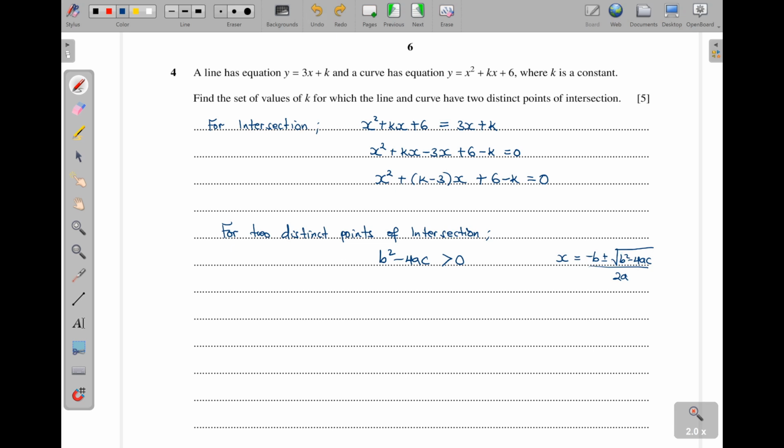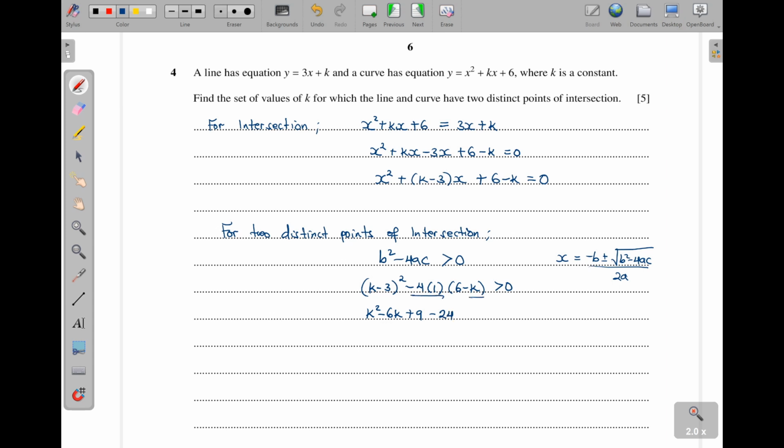Are we together? Now our b is k minus 3, so I square it, then minus 4. Our a is 1, then our c is 6 minus k, so greater than 0. Then we can open the brackets here. This will be k squared minus 6k, then plus 9. 4 times 6, that will be 24.